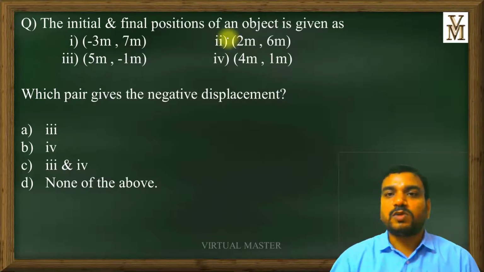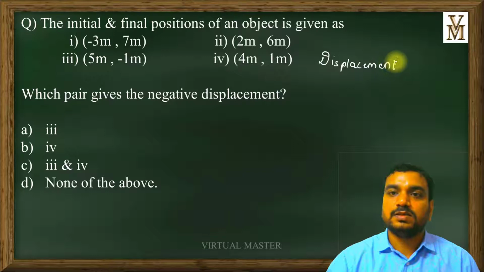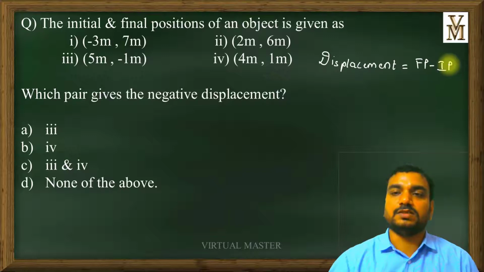We know that the formula for displacement is final position minus initial position. Displacement is equal to final position minus initial position.